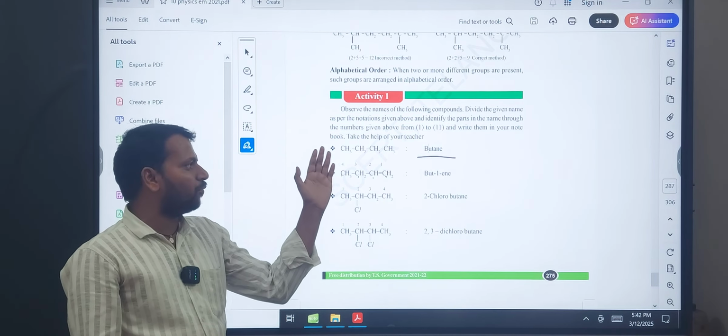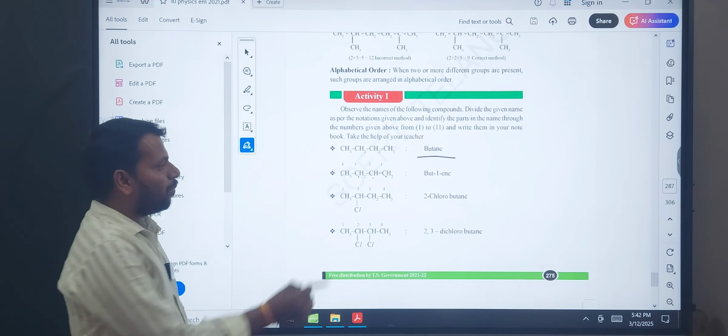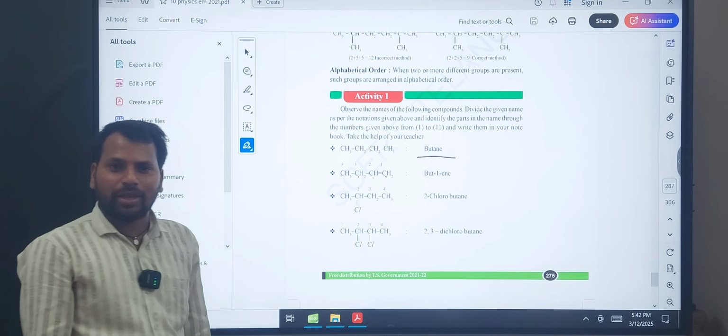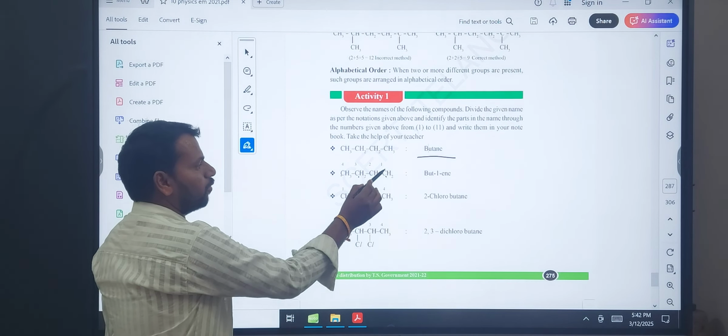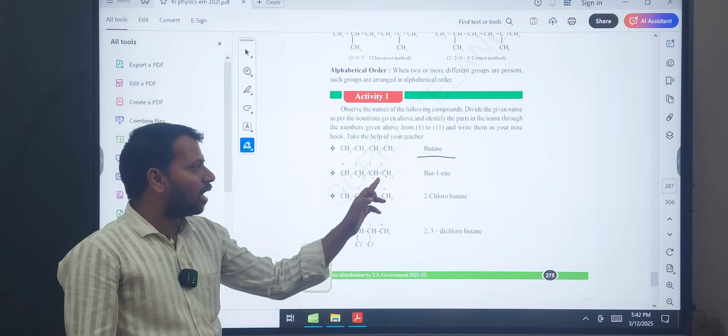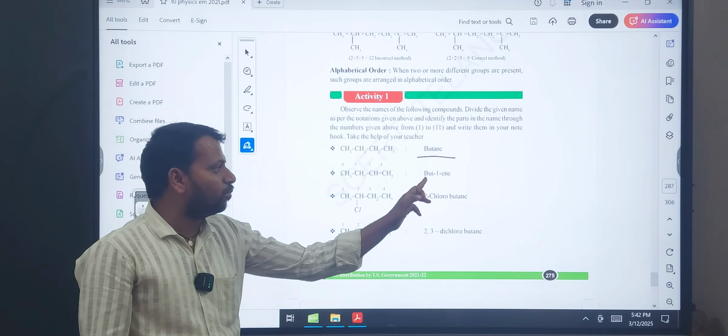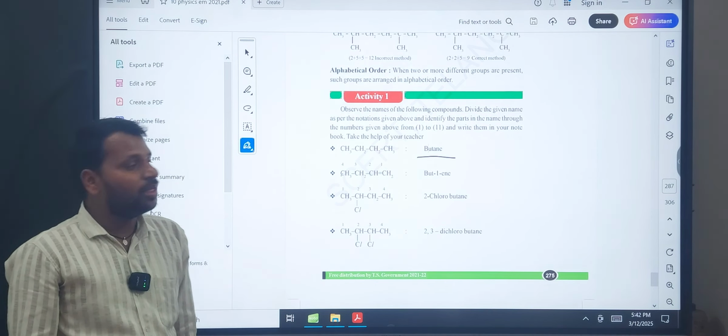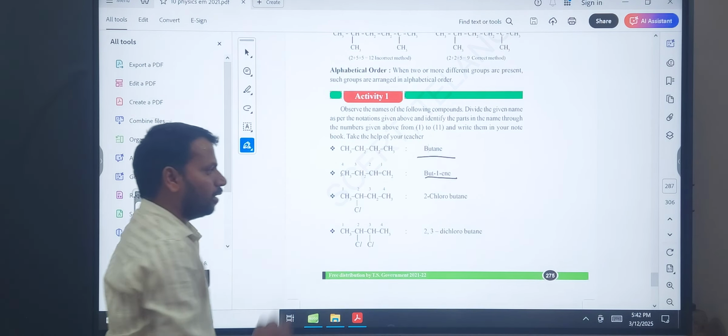We can start numbering from either side, but here a double bond is present, so we number from the double bond side. 1, 2, 3, 4. At first position a double bond is present, so it is said to be but-1-ene.